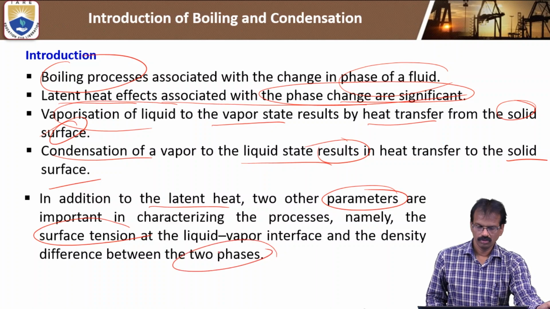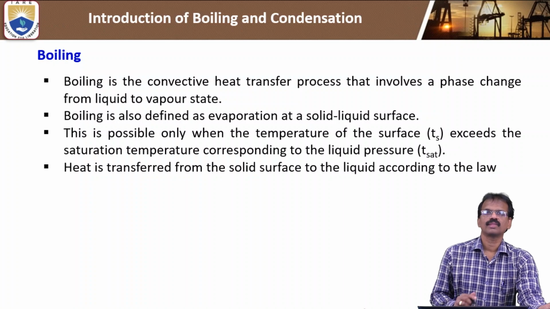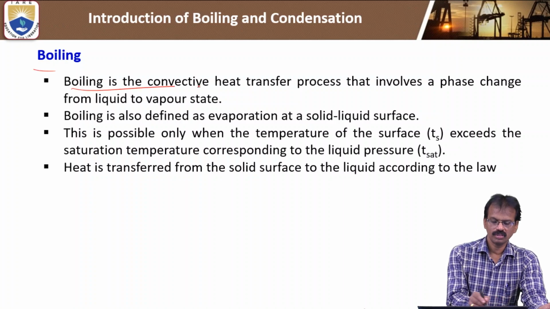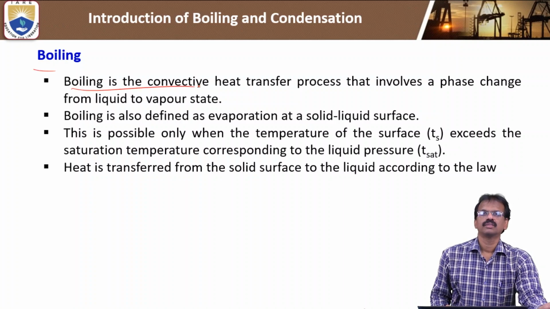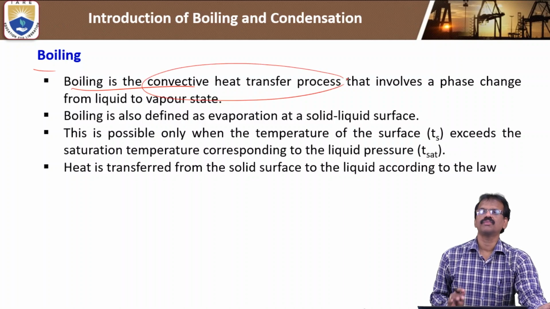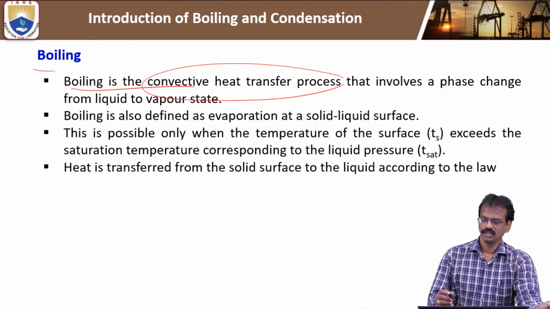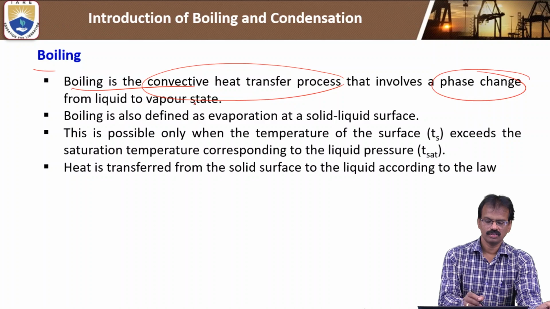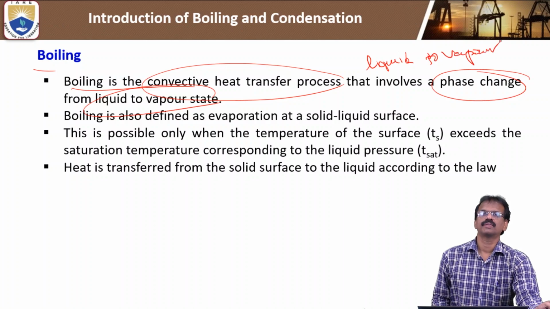Okay. So now we'll see what is boiling. Boiling is the convective heat transfer process along with the phase change. So boiling is the convective heat transfer process that involves a phase change, liquid to vapor.